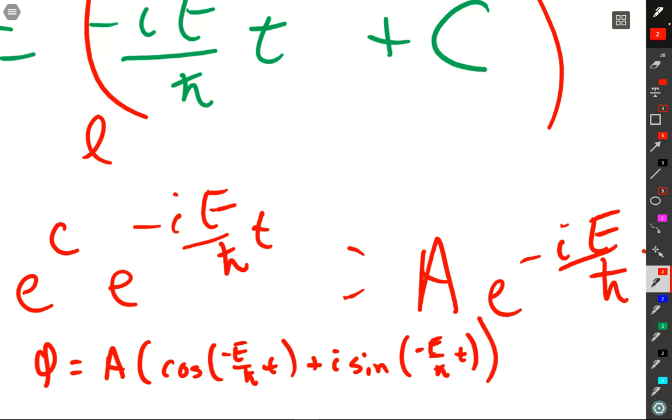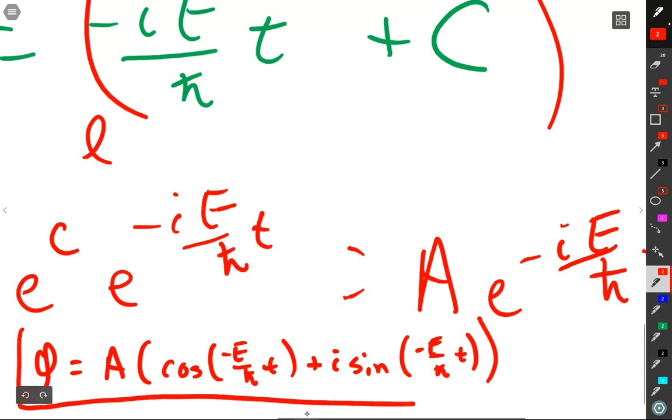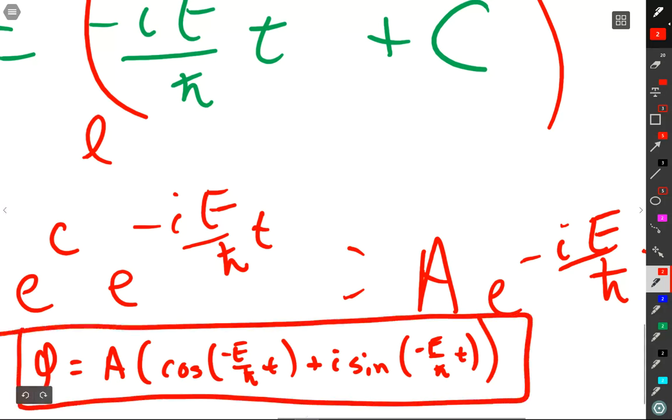Now, our constant is going to have to be such that we get well, actually, it doesn't have to be real. So, but this is our relationship that we got. So that's how it's going to vary with time.